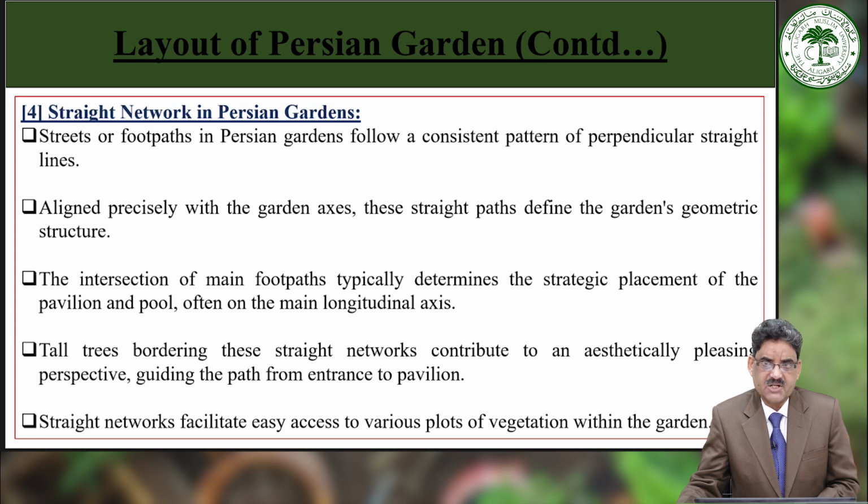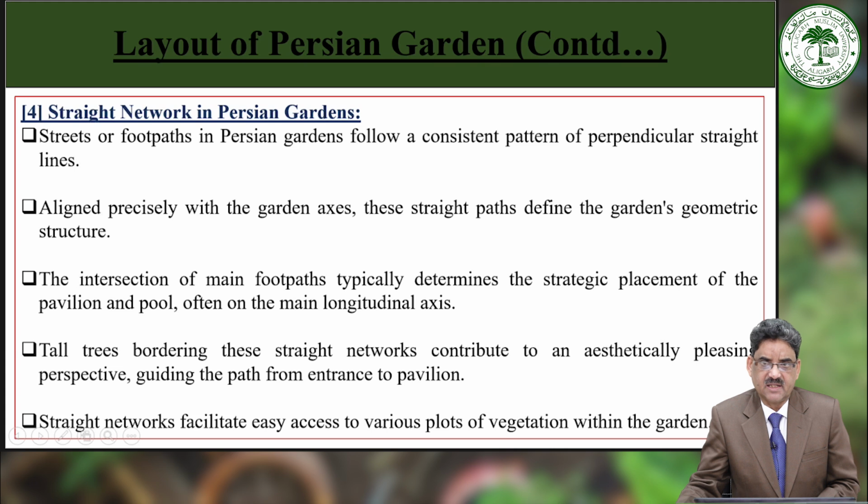The intersection of these main footpaths usually defines the placement of the pavilion and pool, which were located on the main longitudinal axis of the garden.